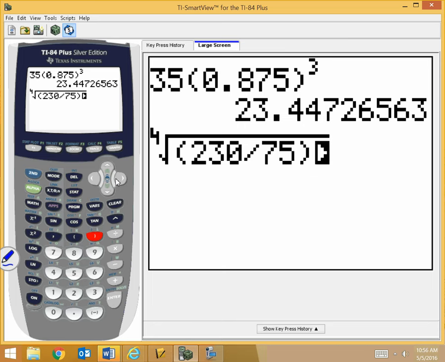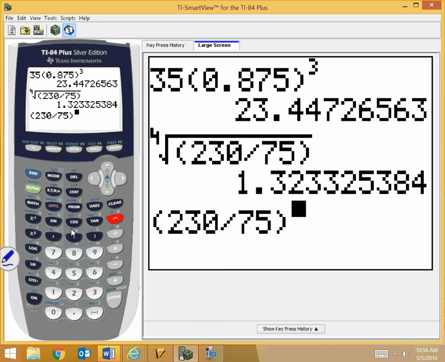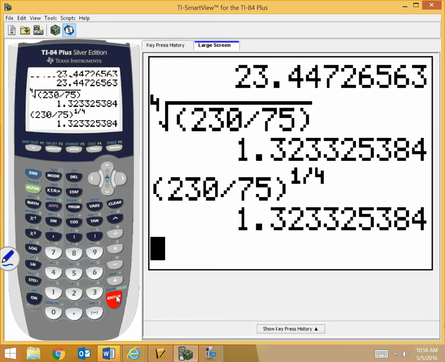Close my parentheses, which equals about 1.233. Another option I could have done is 230 divided by 75 to the 1/4 power. Remember, because we know our rational exponents, instead of taking the 4th root, we can do that. You see we get this exact same value.